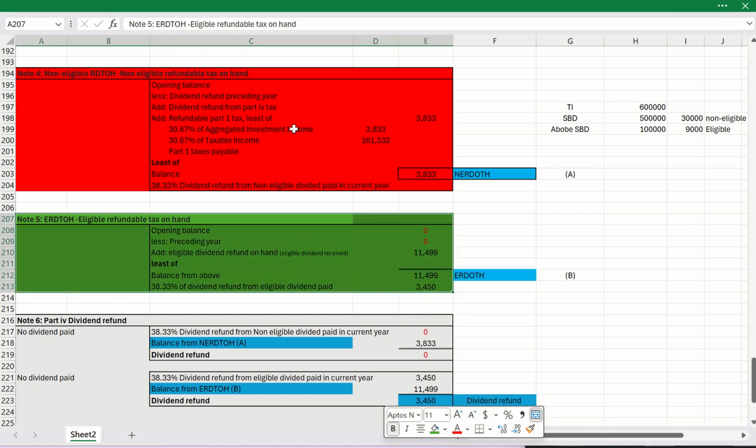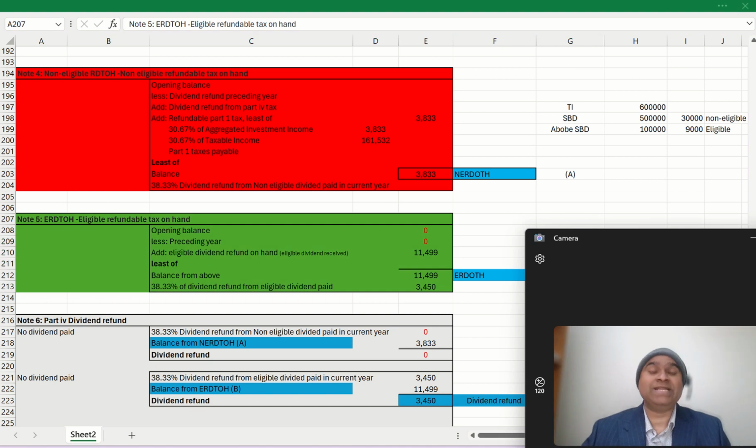Red, non-eligible, green, eligible. 9,000 dividend paid from the income earned above the SBD is considered to be eligible. So what if we didn't have the SBD limit of 500,000? If it was 400,000, then it would change.